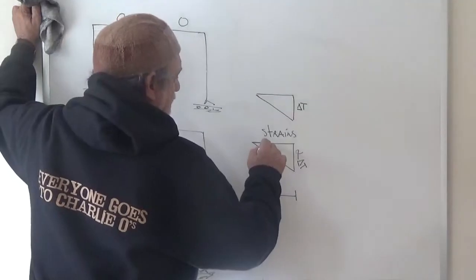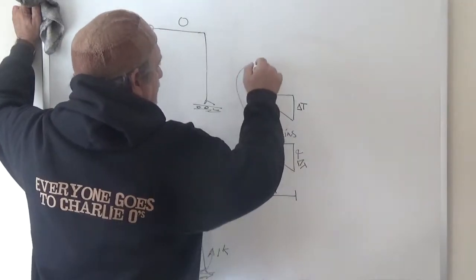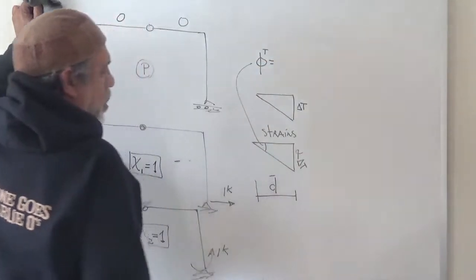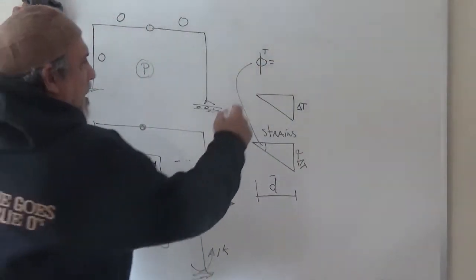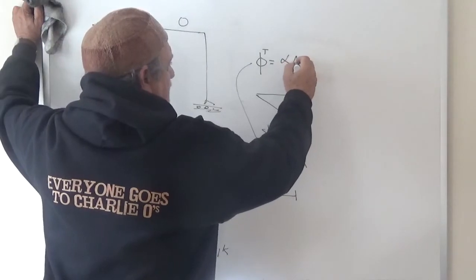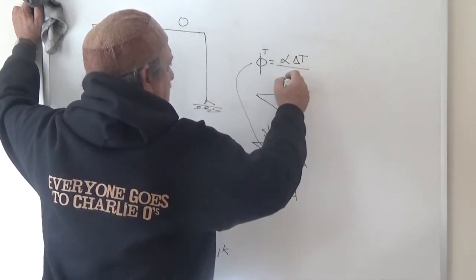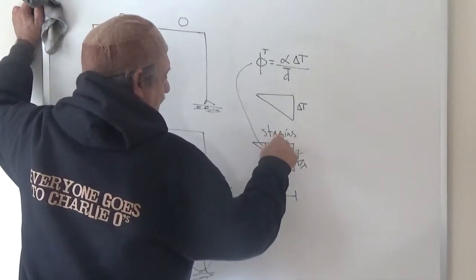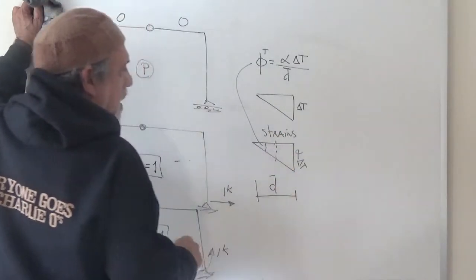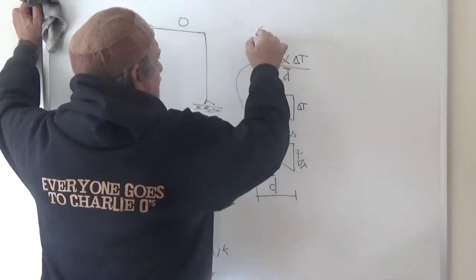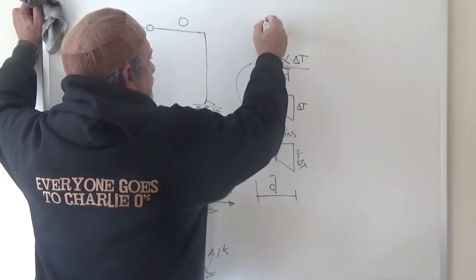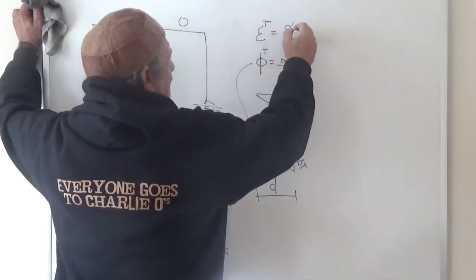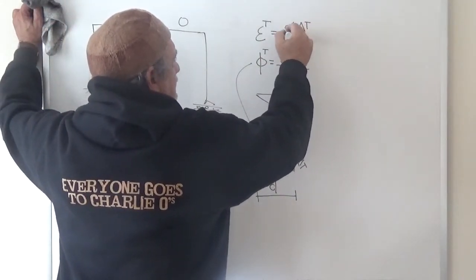Therefore, this angle right here is the curvature due to temperature. It's just the slope of the strain profile, alpha delta T divided by d bar, right? And we see also that in the neutral axis there is an average strain, and that would be our strain in the axial deformation direction due to temperature, and that axial strain is obviously alpha times delta T divided by 2.